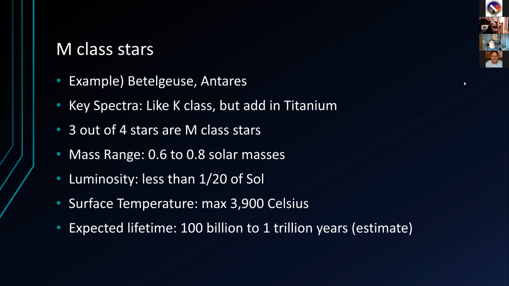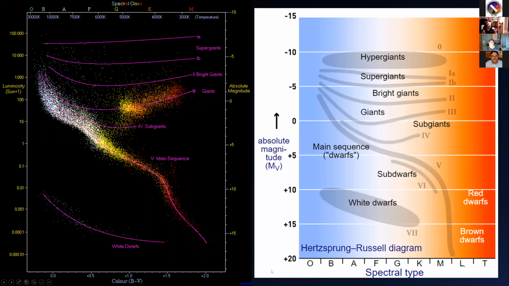There it goes. So kind of recapping what we've gone over so far, we've covered all the way from M to O in terms of stellar classes. Finishing up here with a brief talk about hypergiants and supergiants.